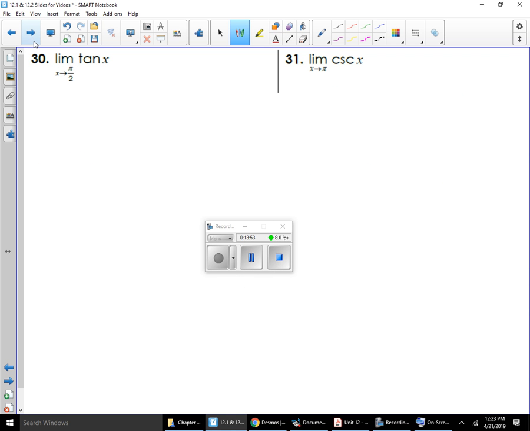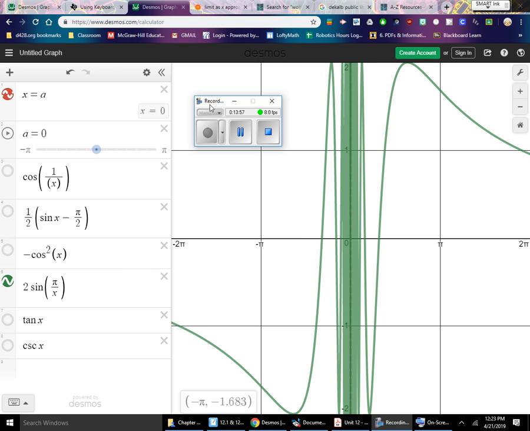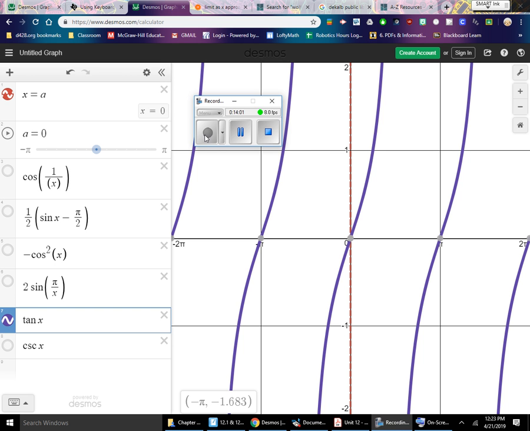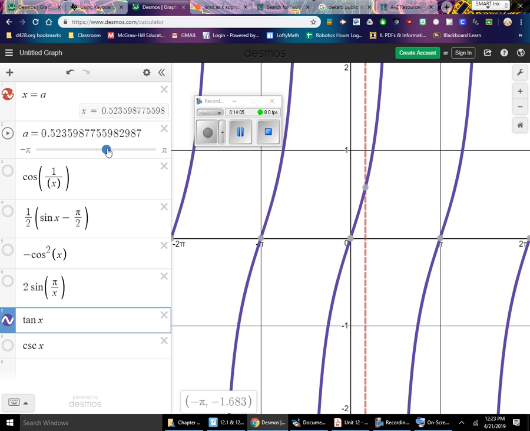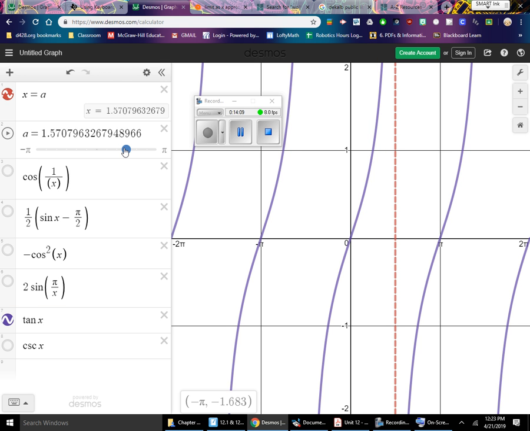And jumping over to our last two. The last two we could actually take care of without looking at a graph at all, but the graph is helpful. If we want to know what tangent does as x approaches pi over 2, well, pi over 2 is an asymptote for tangent. So because pi over 2 is an asymptote, we know tangent's not defined there.